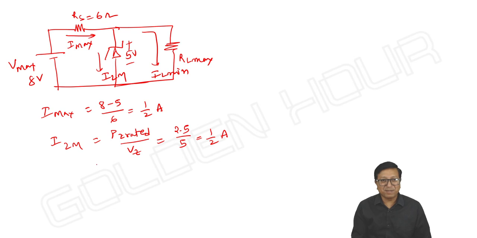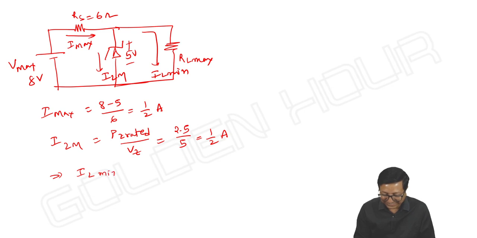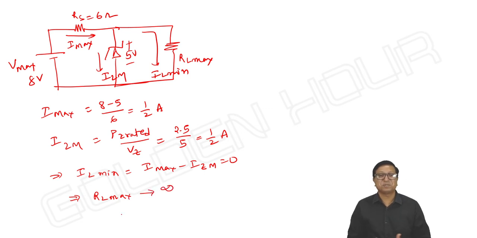So IZ maximum is equal to I maximum, which means what is IL minimum, friends? IL minimum is equal to I max minus IZM. It is simply 0. IL minimum is 0, which means what is RL maximum? It is infinity. It's a coincidence. It need not be, but in this problem it is a coincidence.